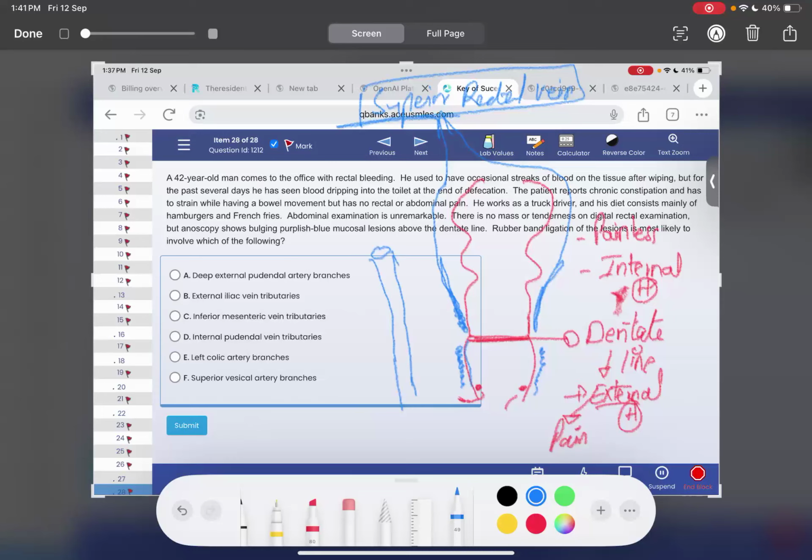So just know it is through the caval system. That gives a superior rectal vein over here, and an inferior rectal vein over here. You got the point?